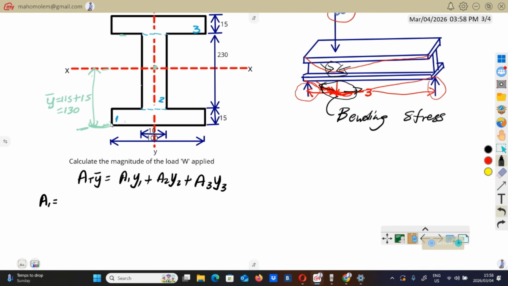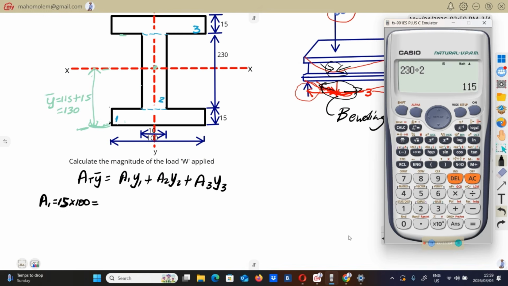So area will be this dimension from here to there, multiplied by from here to there. So which is 15, 15 multiplied by 100. 1,500.